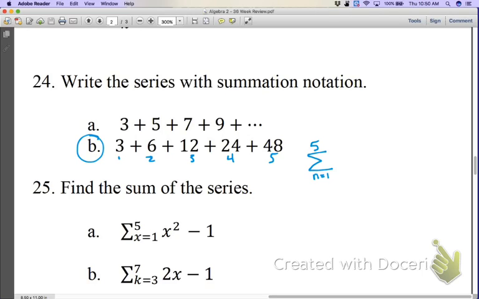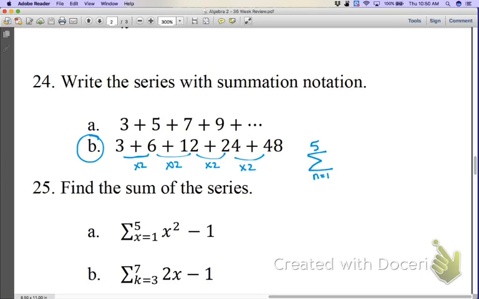So you can either use your formula for the rule. What are we doing each time? What are we doing to go from 3 to 6? Multiplying by 2. So is it geometric or arithmetic? Geometric.